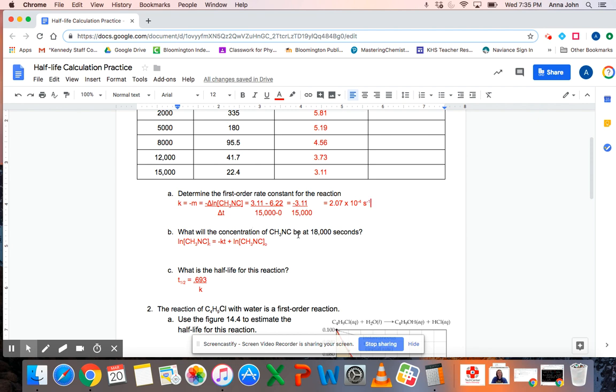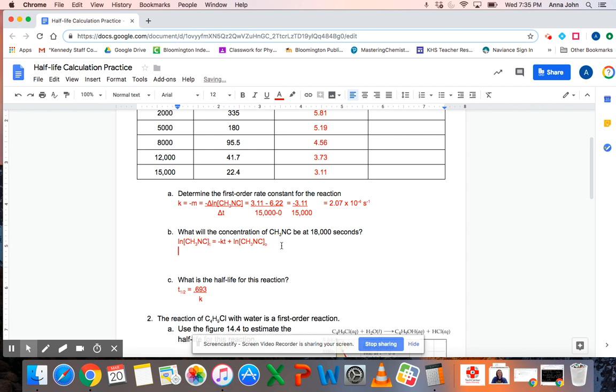I want to know the concentration at 18,000 seconds, but that isn't in my chart here. Since this is a first order rate law, I can use my integrated rate law for a first order reaction. I am looking for the concentration at 18,000 seconds.